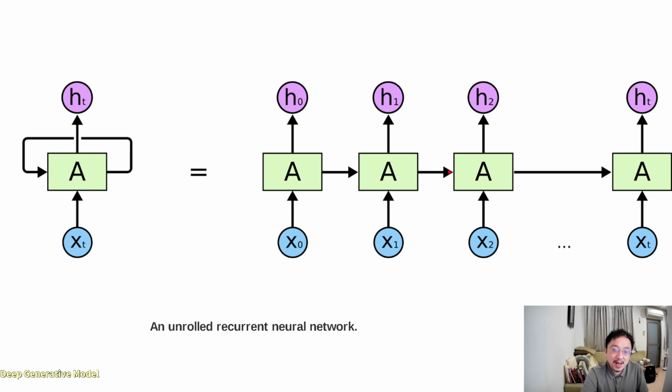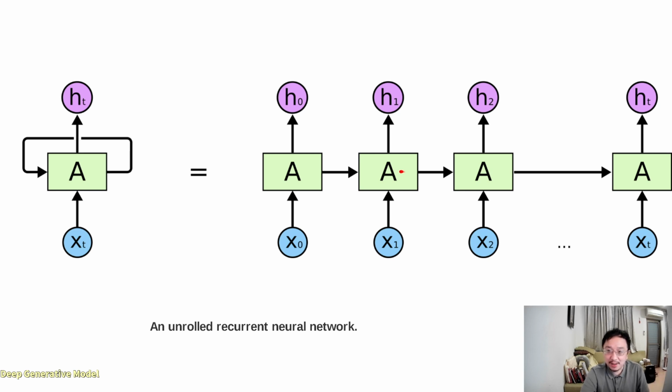The first one is that you can imagine this A, this green box, as a black box. It can be implemented by any kind of architecture, but in particular, it can be implemented by an MLP, a standard feed-forward neural network.